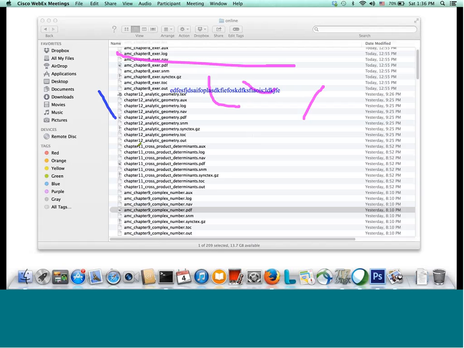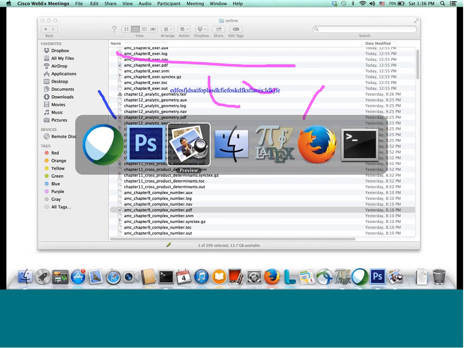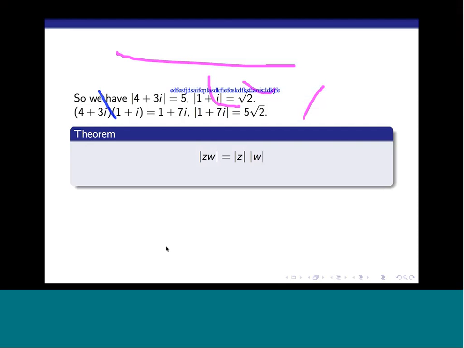Your screen is underneath the typing. Okay, we'll learn how to use that thing.